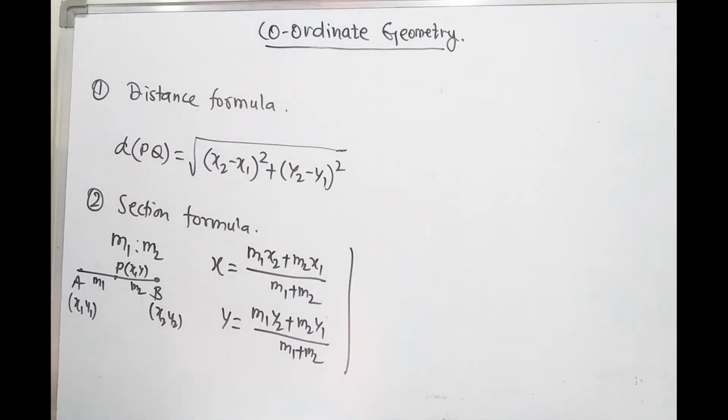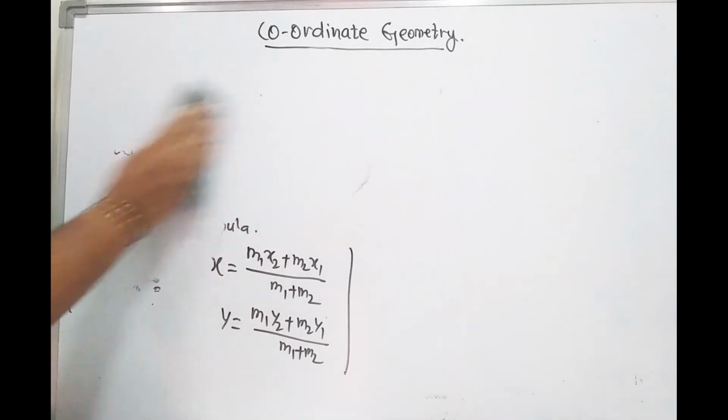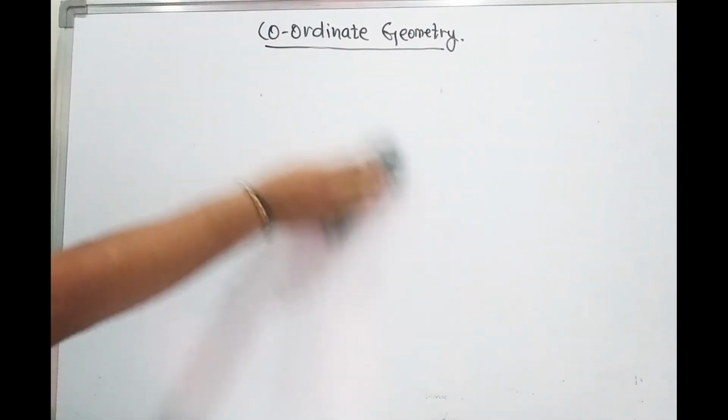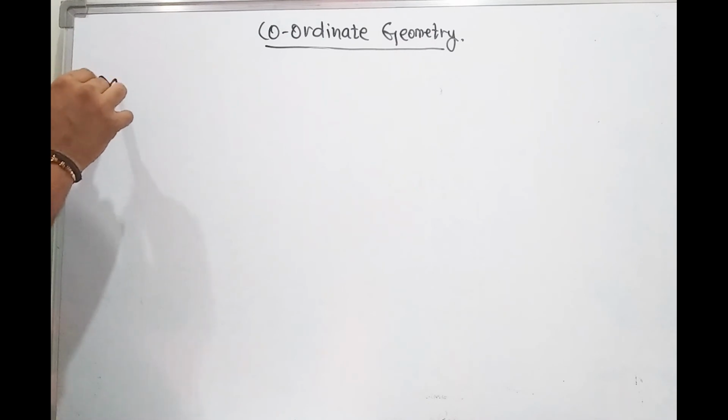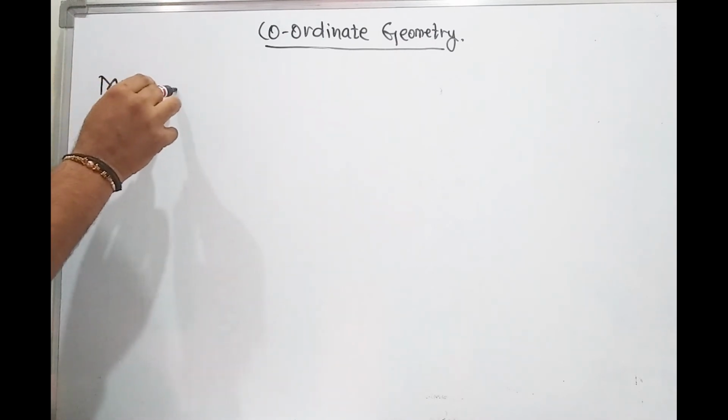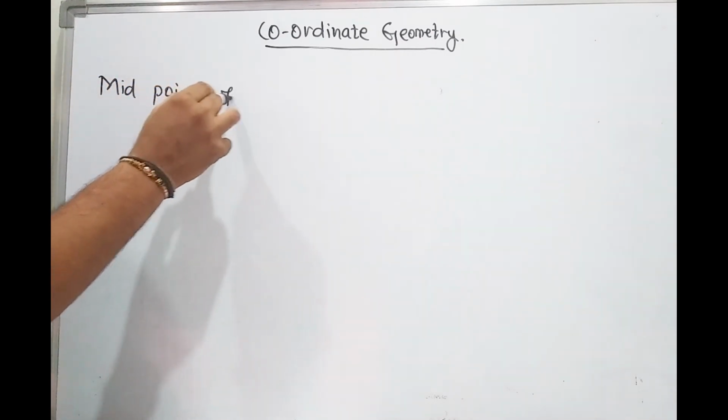Now one more topic is there, that is area of triangle, but for this year CBSE has deleted this particular portion from your syllabus. Now this section formula further we can extend to find the midpoint formula of segment.